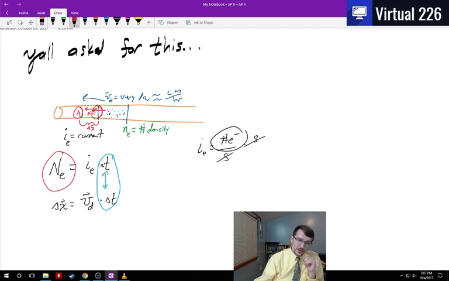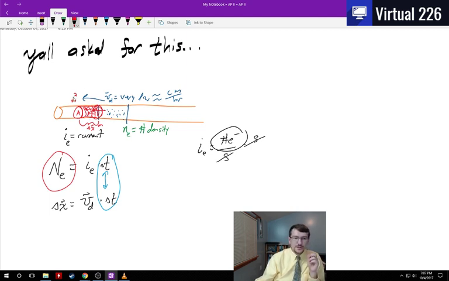Because if this has a cross-sectional area, which is meters squared, and this is a length, meters, we see that we've just built ourselves a nice little cylinder here.